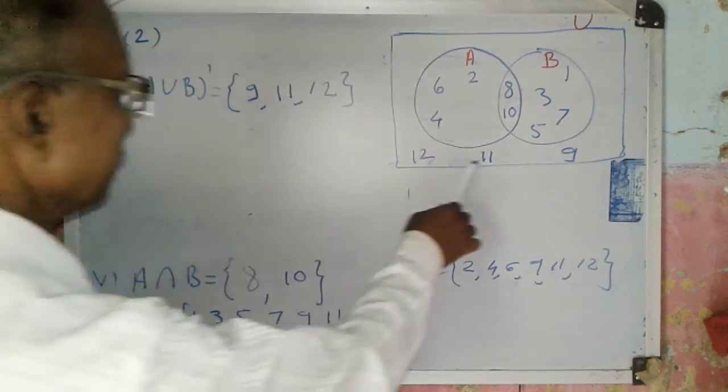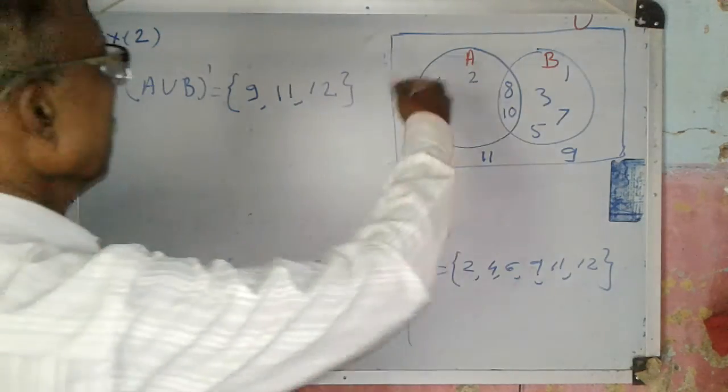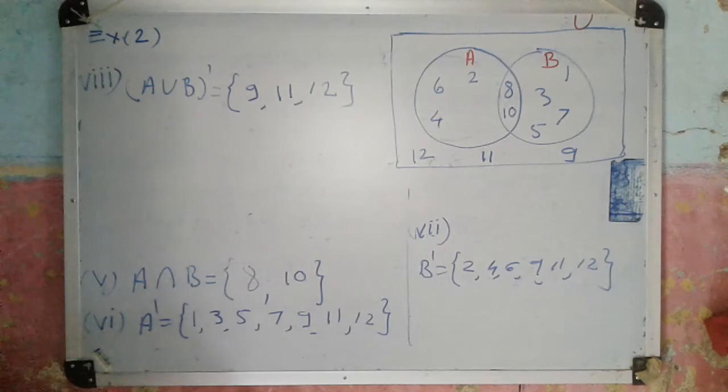These elements are not in the union of A and B but they are elements of the universal set.